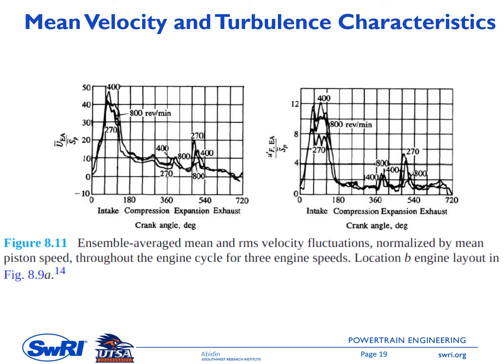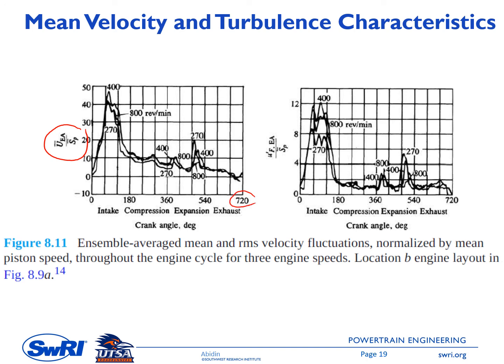And this figure shows the ensemble average mean velocity. It is featured on the left side, and it is normalized by the mean piston speed, and this is again a function of the engine crank angle.